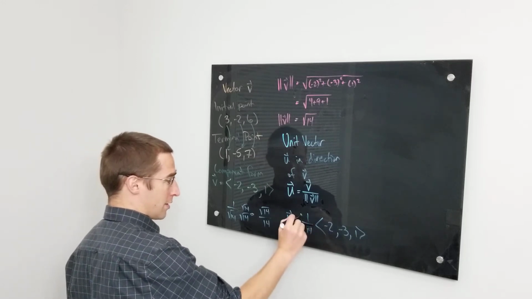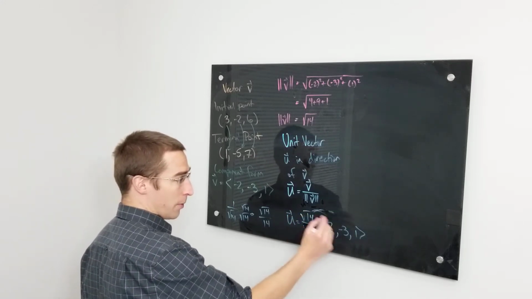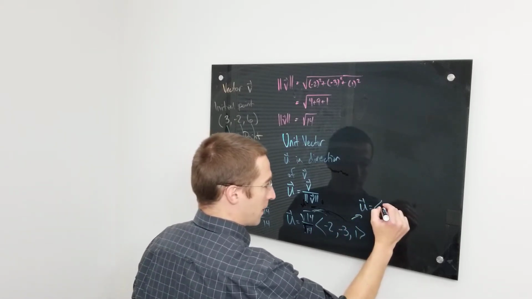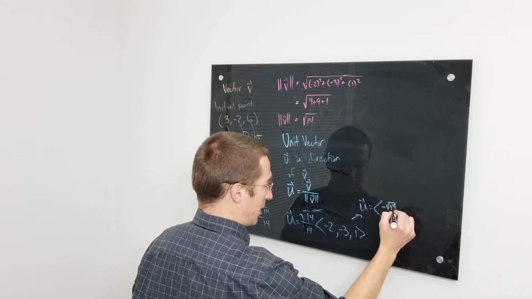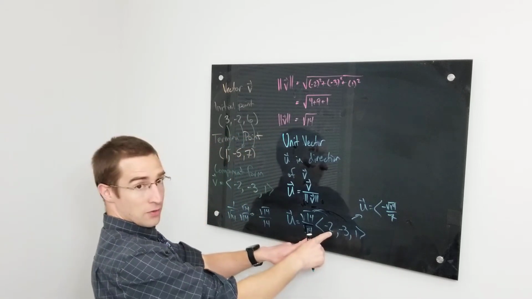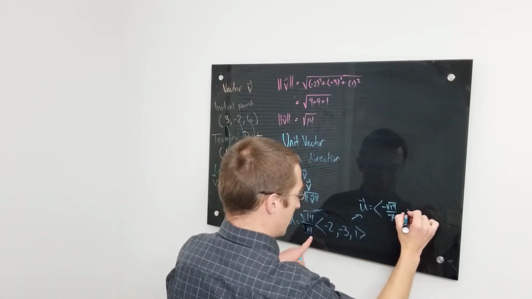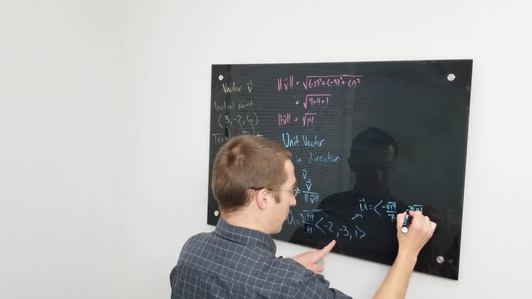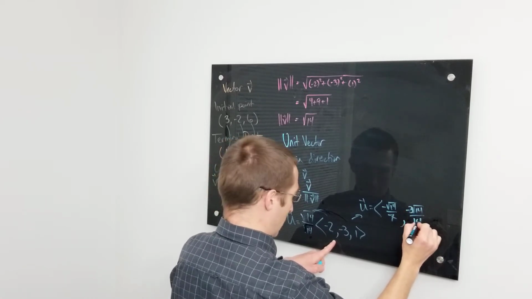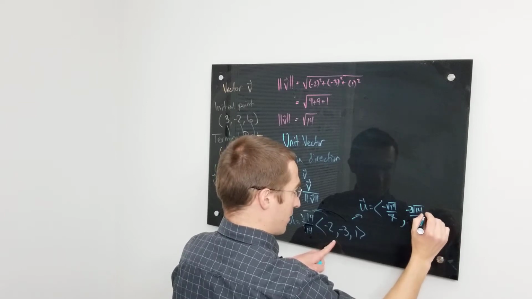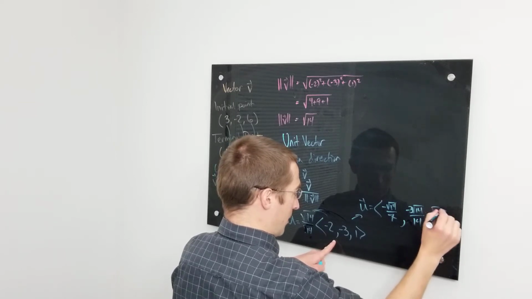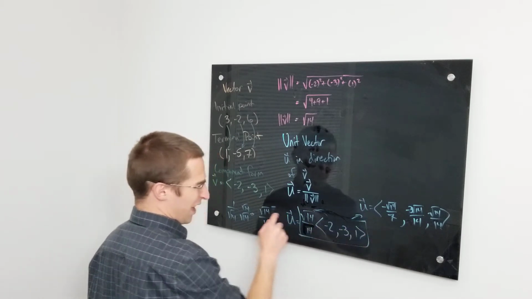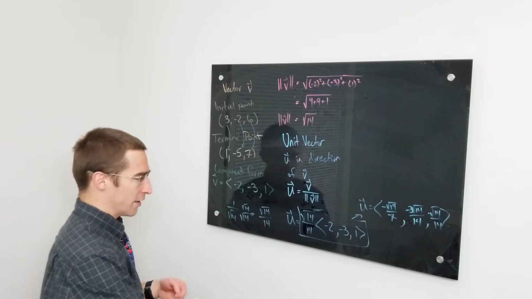Multiply it through to get our unit vector u equals <-root 14 over 7, because 2 over 14 is going to give us an over 7 there, negative 3 root 14 over 14, and then just positive root 14 over 14>. You can leave your answer like that if you want. That's fine. I'll accept that.